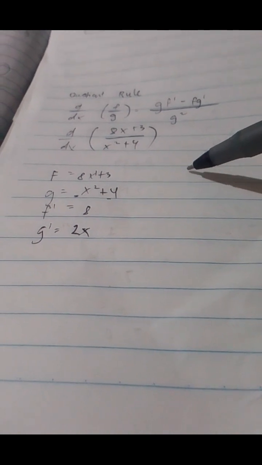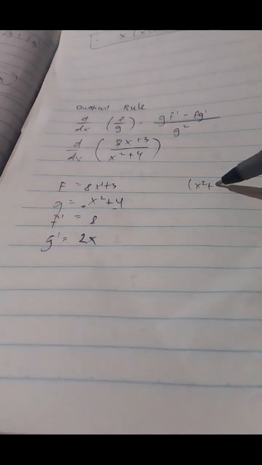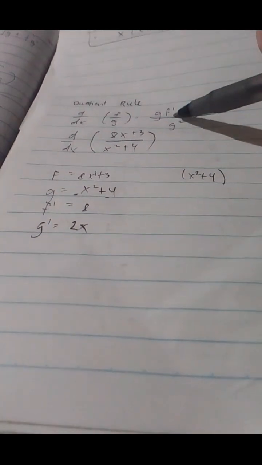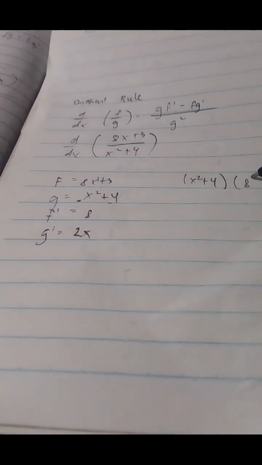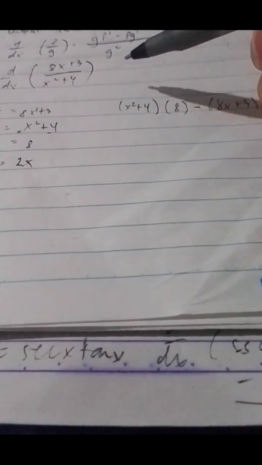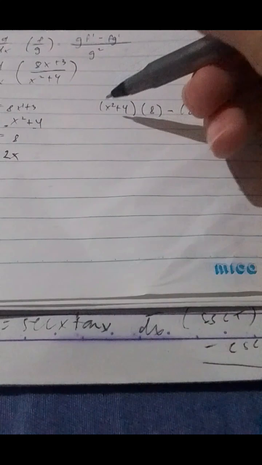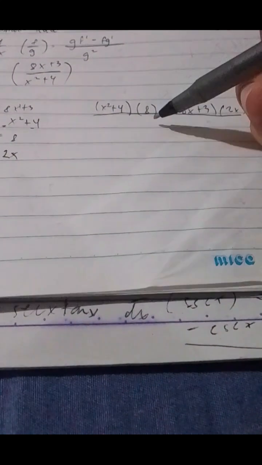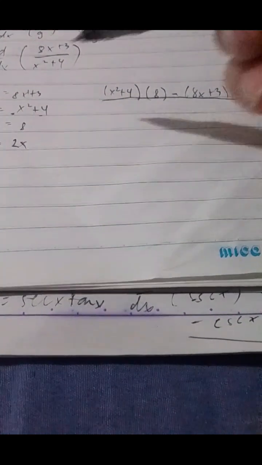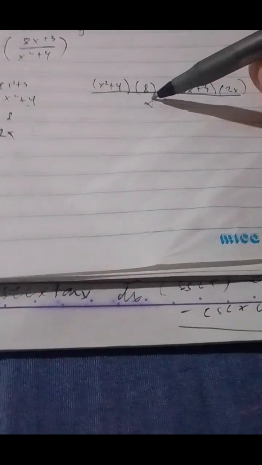So, ang g natin is x squared plus 4 and the derivative of f is 8, minus, we have the f which is 8x plus 3 times the derivative of g which is 2x, over the square of g, which is ito, x squared plus 4.